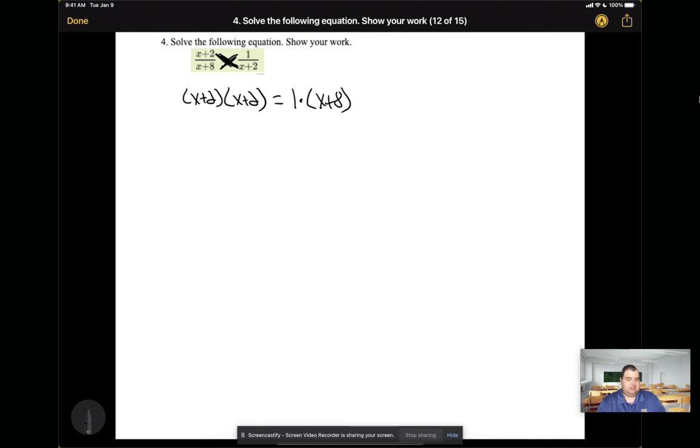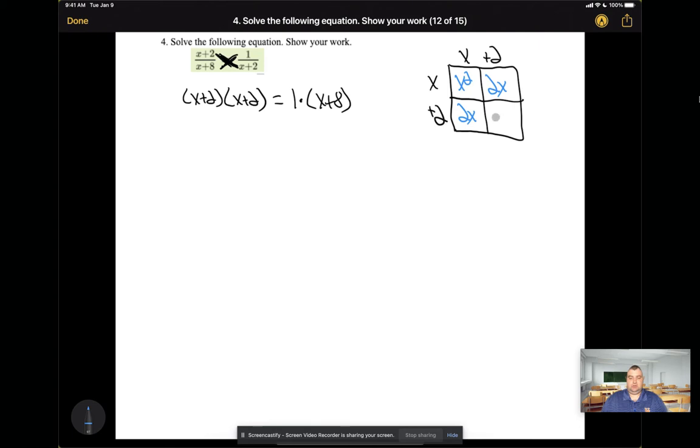So let's first simplify the left-hand side. I'm going to quickly do the box method off to the side here. So this is x plus 2 and x plus 2. First one, x times x is x squared. 2 times x is 2x. 2 times x is 2x.